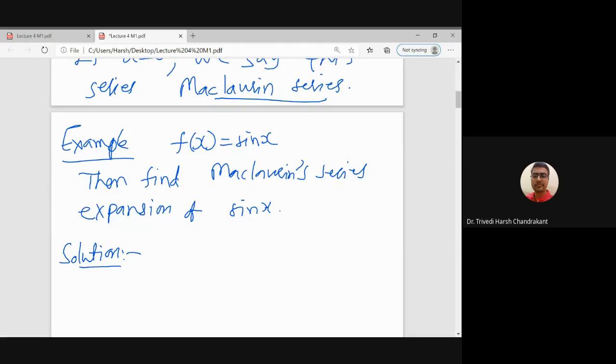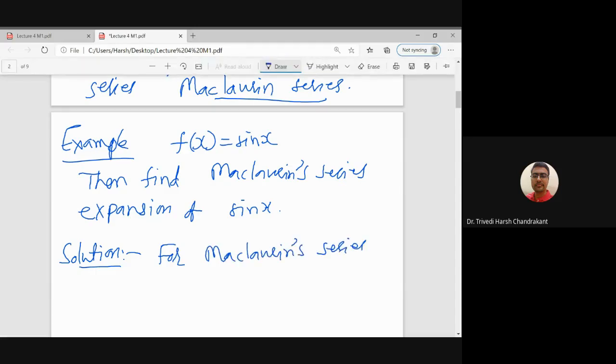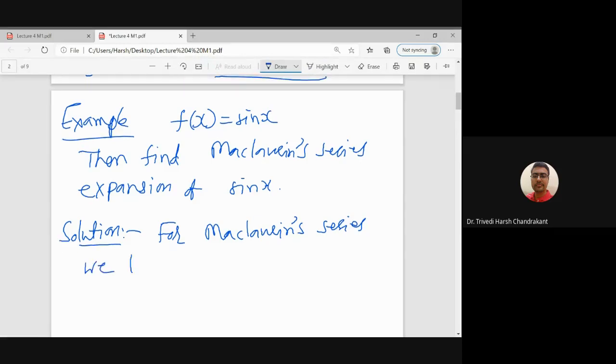Since we want to find the Maclaurin series, we take a equal to 0.